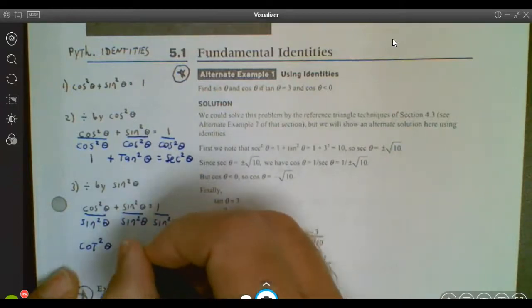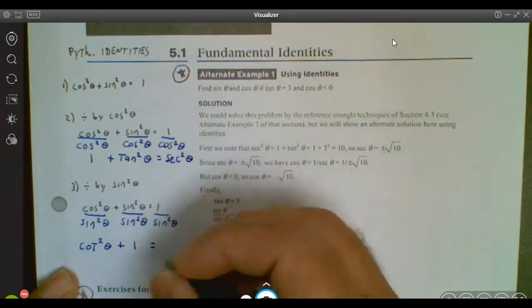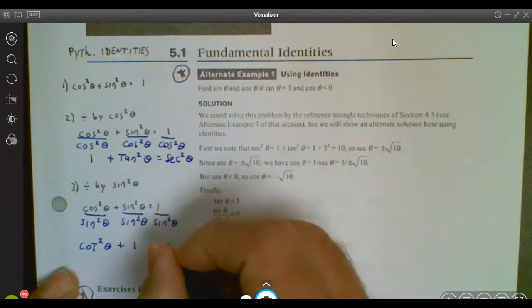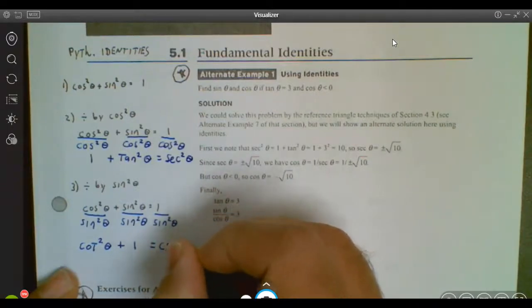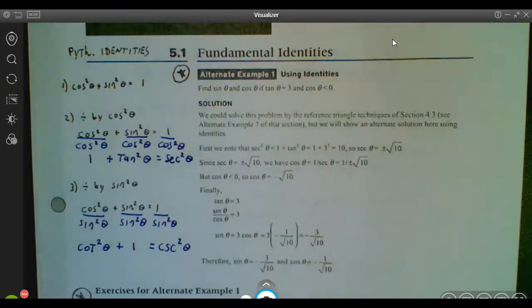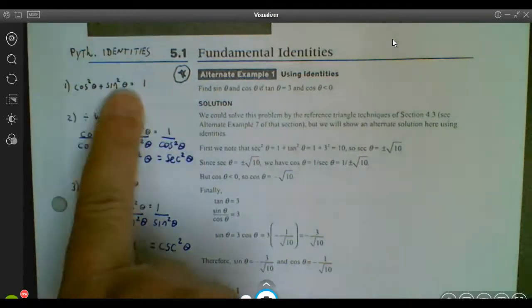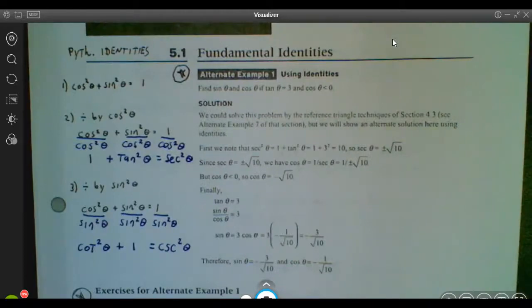Sine divided by itself is 1, and 1 over sine, or the inverse of sine, is our cosecant squared. And we have our third Pythag identity. So here's the third one, and again, I could memorize it, or I can simply know how to derive it from the original formula, and then I don't have to memorize it.